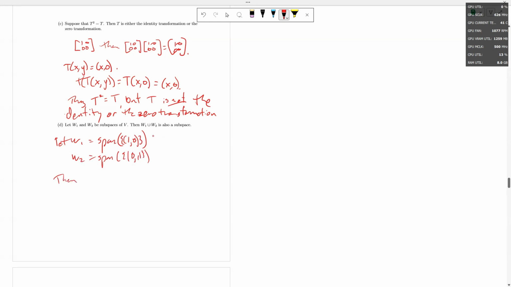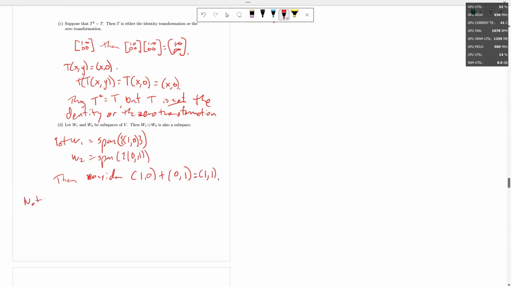Then consider (1, 0) plus (0, 1), which equals (1, 1).